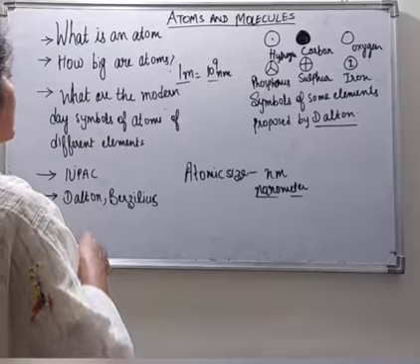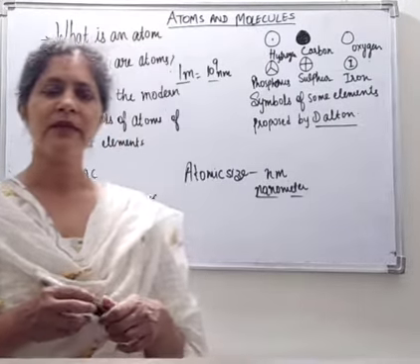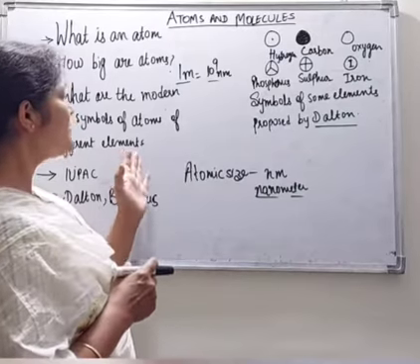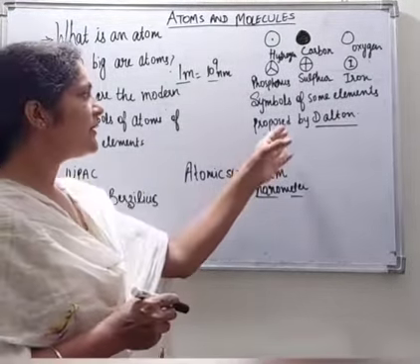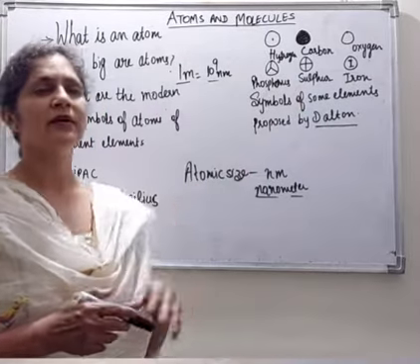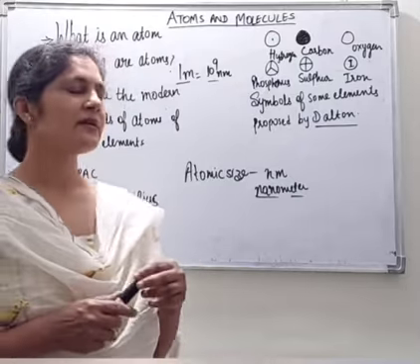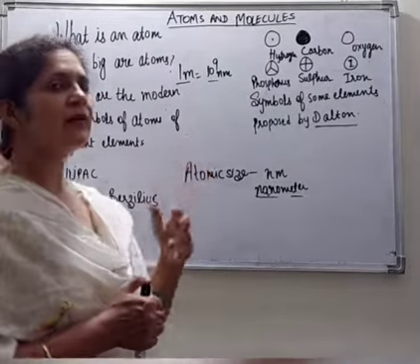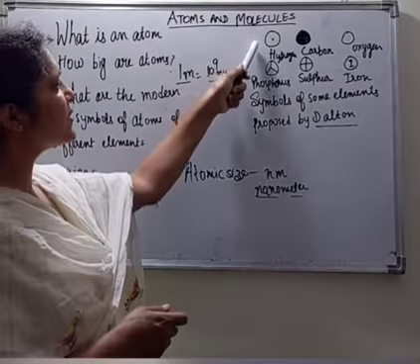Now the next topic is the modern day symbols of the elements. Students, in the beginning, Dalton gave a theory and he gave the symbols of many elements. He also compared them with the quantity of the elements. Here are a few symbols which Dalton gave.